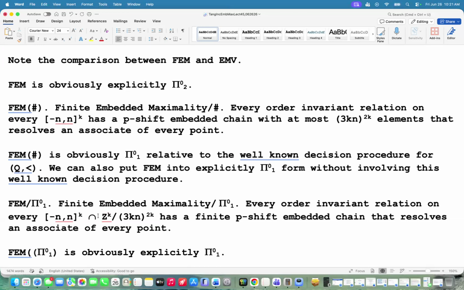But I could take the points to be anything in minus n to the k, because I'm only talking about associates. You see, association is an equivalence relation, so there's some leeway here. But by point I really meant these points in here.